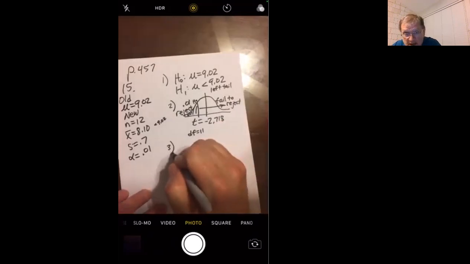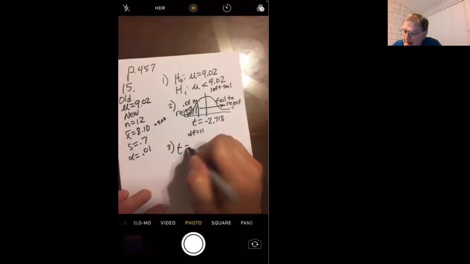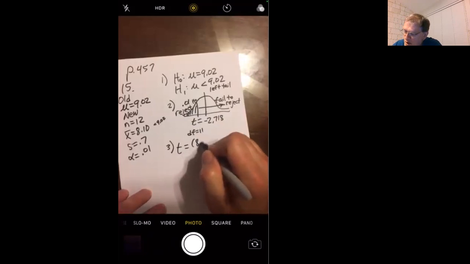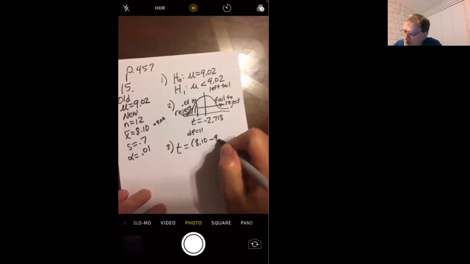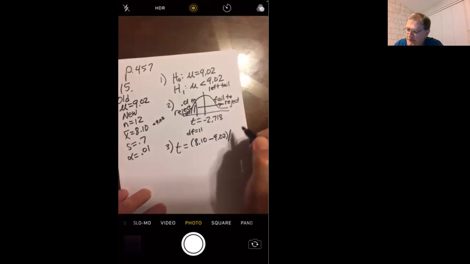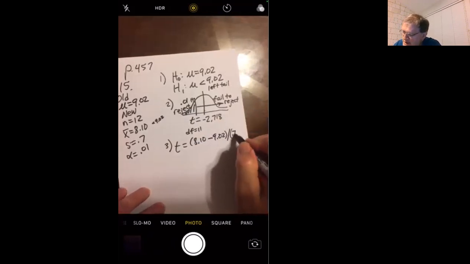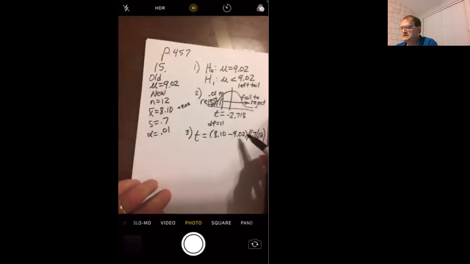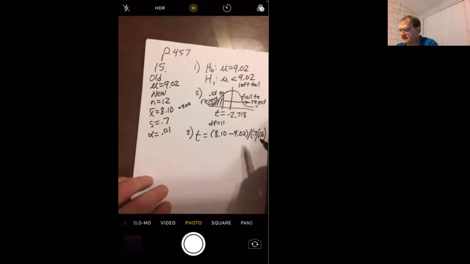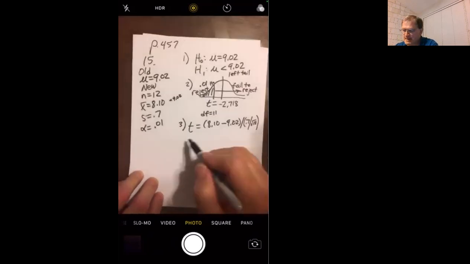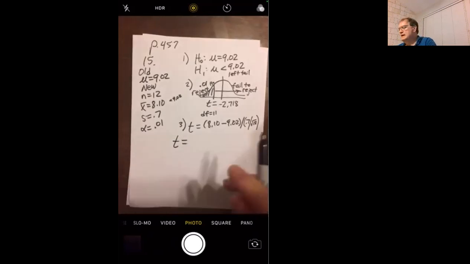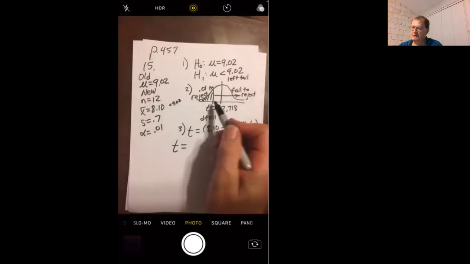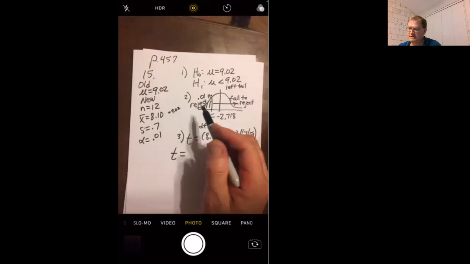We go to step 3, and we have 8.10 minus 9.02 divided by 0.7 divided by the square root of 12. New minus old or standard, divided by the standard deviation corrected for sample size. This will tell us if it's over here, it's significant.